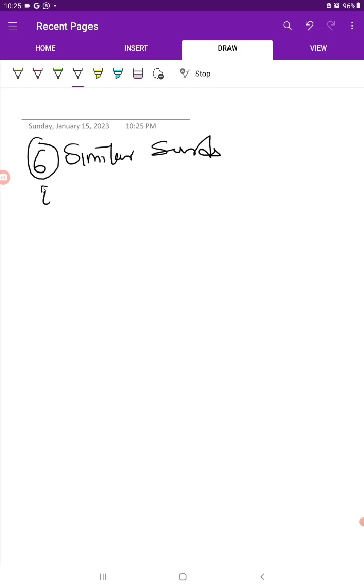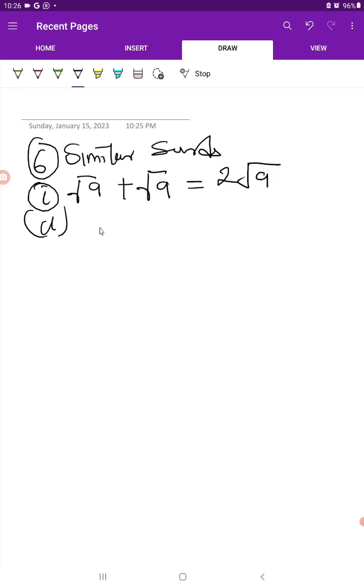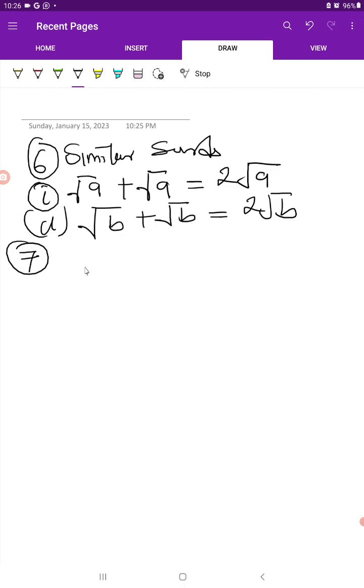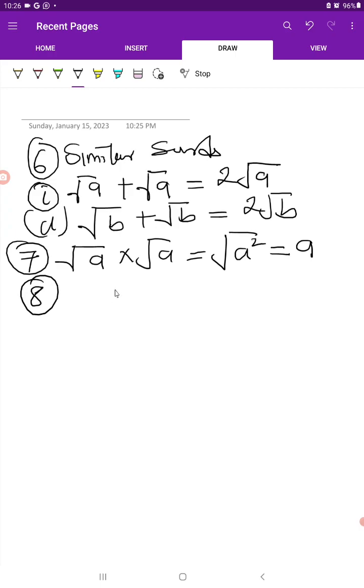In similar surds, if you have root A plus root A, it is the same thing as 2 root A. Another way where similar surds occur is when you have root B plus root B, which is the same thing as 2 root B. Continuing to rule number 7, root A times root A gives root A squared, which is the same thing as A.